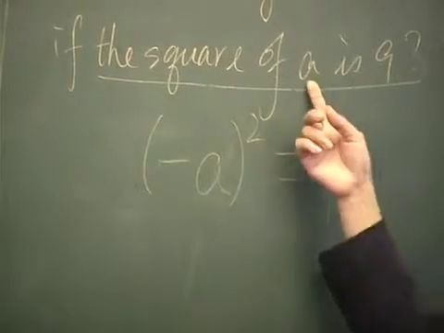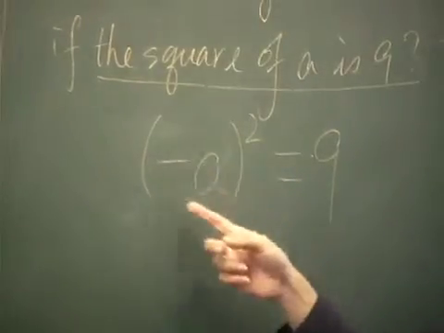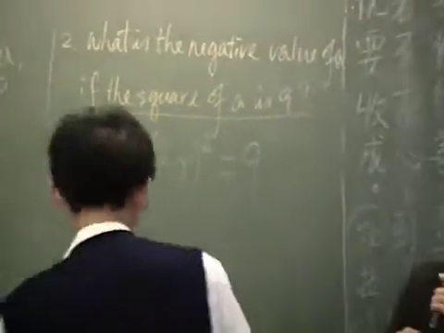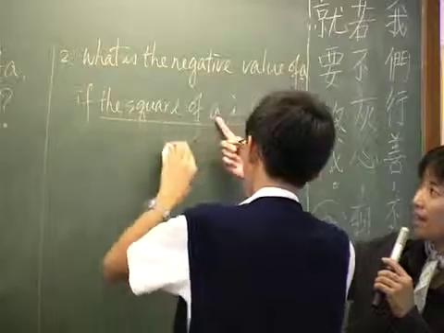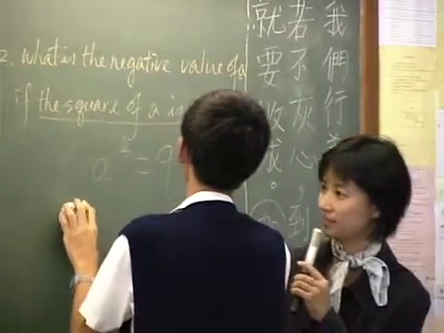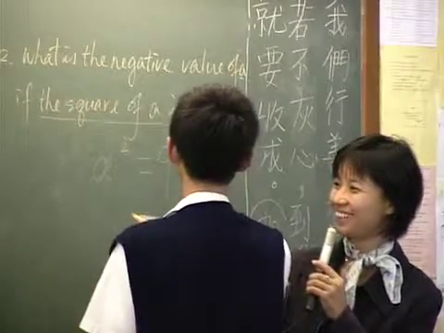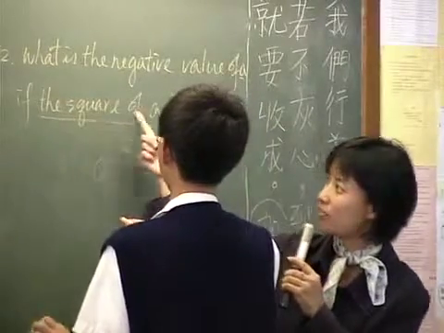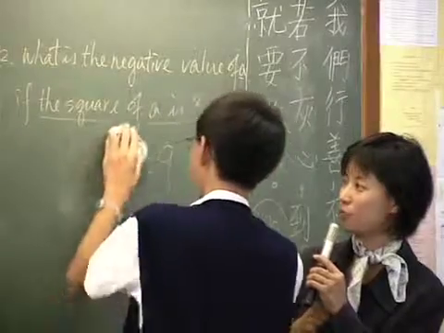But now A is a negative number, not negative A. So the square of A is 9. Is there any question? If the square of A, which number? The square of which number?